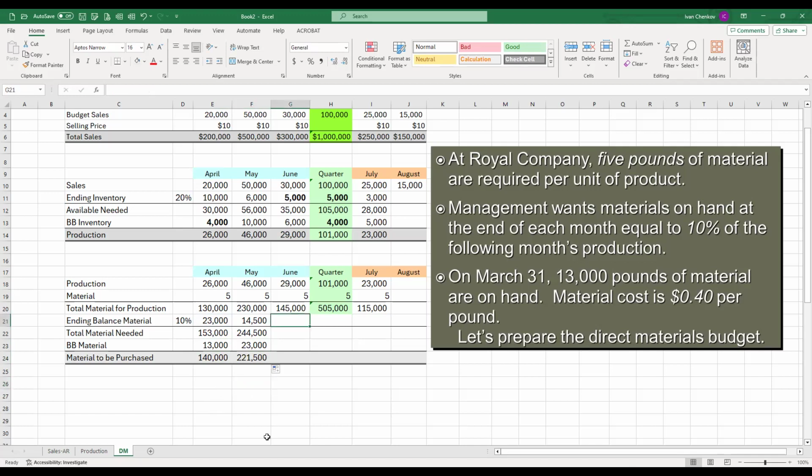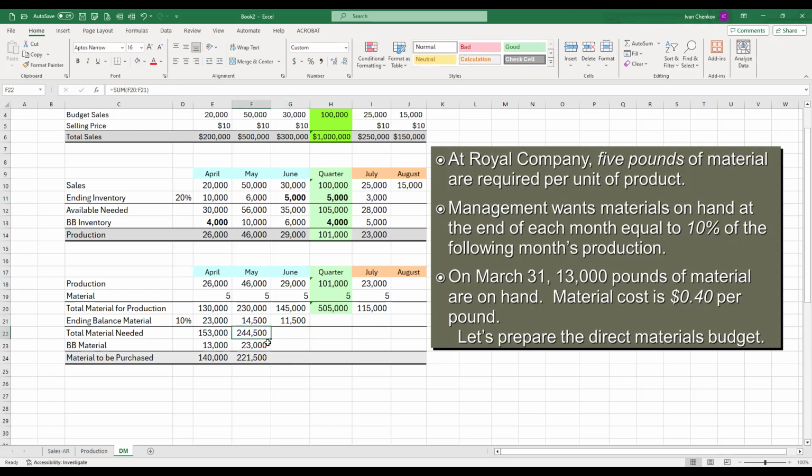Yeah. Next month, June, we need 145,000 pounds to produce 29,000 units. But we also want to have 10% of July's production at the end of the month. So we need to have how many pounds? 11,500 pounds, correct?